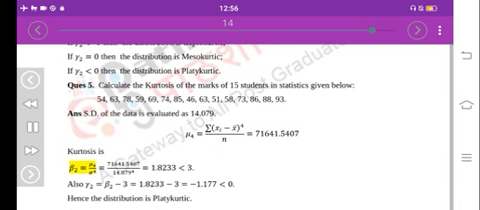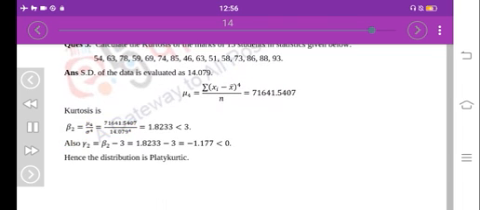Kurtosis beta 2 equals mu 4 by sigma to the fourth, which is 71,641.5407 divided by 14.0794 to the fourth, equals 1.8233, which is less than 3. Also gamma 2 equals beta 2 minus 3 equals 1.8233 minus 3 equals minus 1.177, which is less than 0. Hence the distribution is platykurtic.